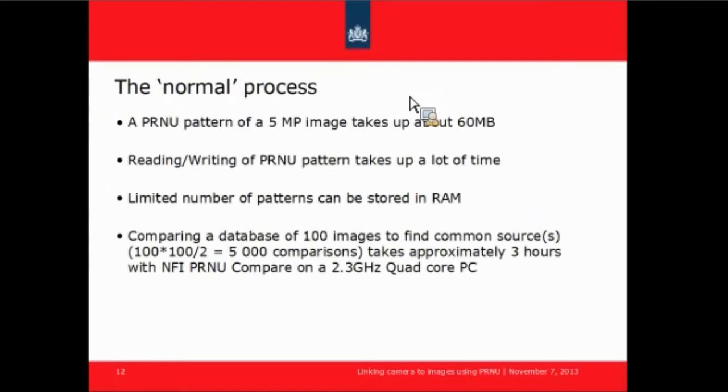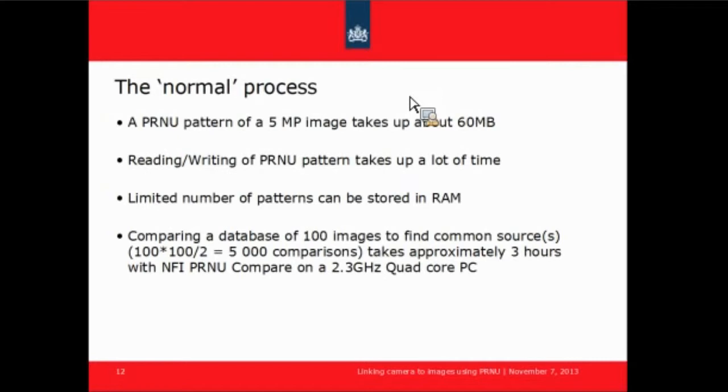So the normal process in our old software, when you extract a PRNU pattern from a 5 megapixel image, it takes up about 60 megabytes of space. This means that reading and writing of a PRNU pattern can take up quite a lot of time.